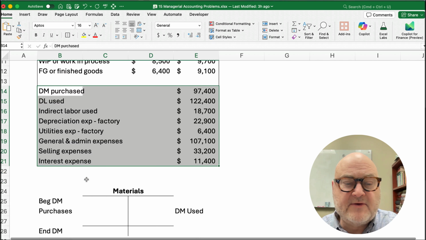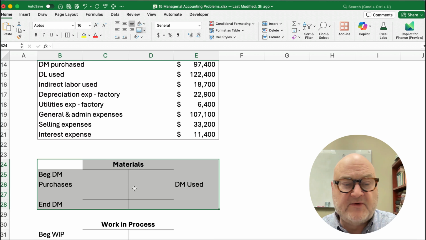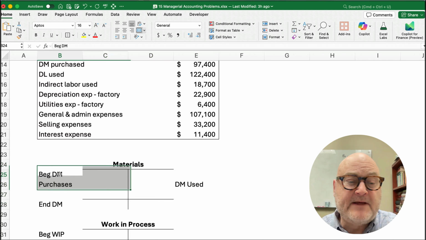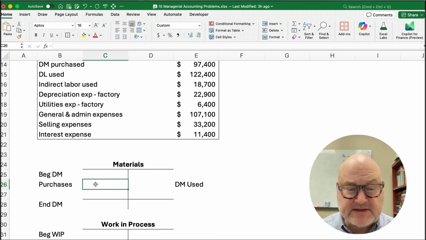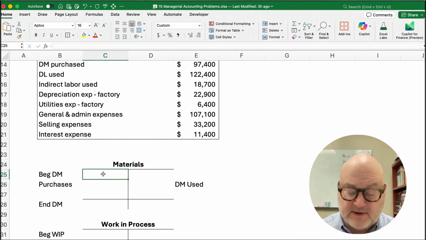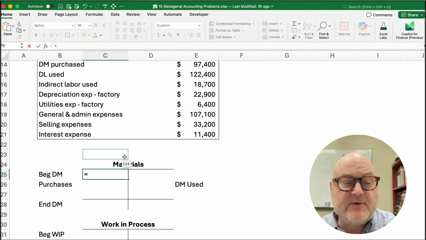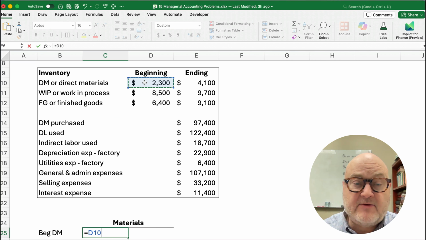All right, so the first thing we're going to do is calculate materials used. So here's what we're going to do. We're going to take beginning materials, the beginning inventory, plus purchases minus the ending materials, and we'll get materials used. So let's just use the numbers that we have. Beginning materials is 2,300.